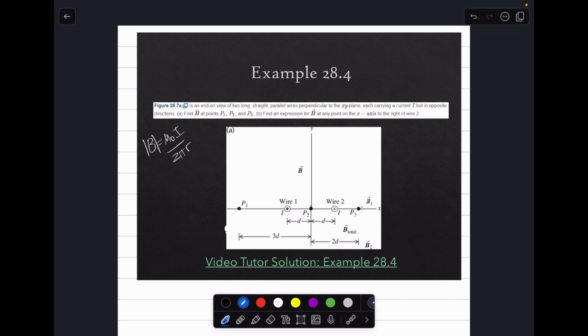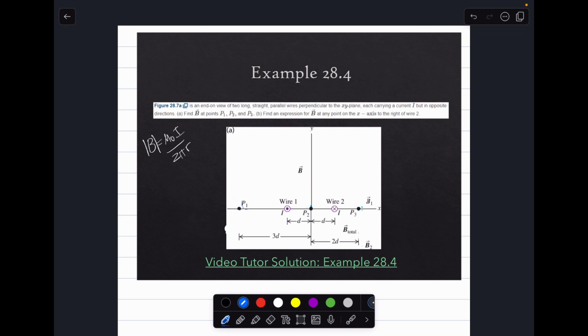So the magnetic field around wire 1 will be circles where different radii correspond to different magnitudes of the magnetic field, okay? And the directionality of those circles is going to be counterclockwise. So let's draw one circle.